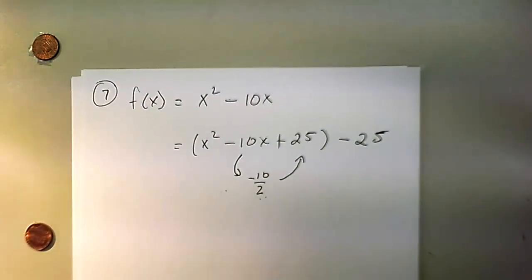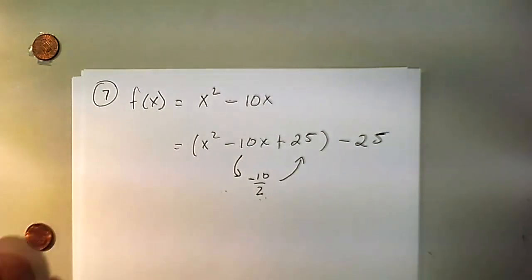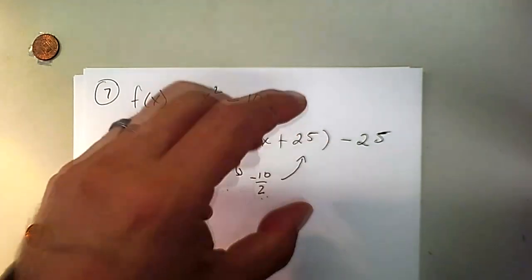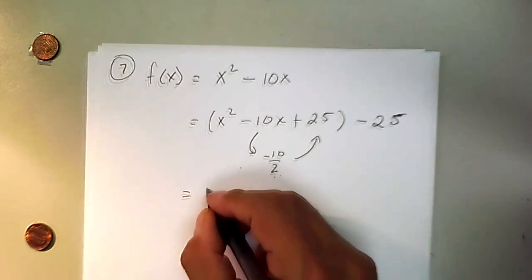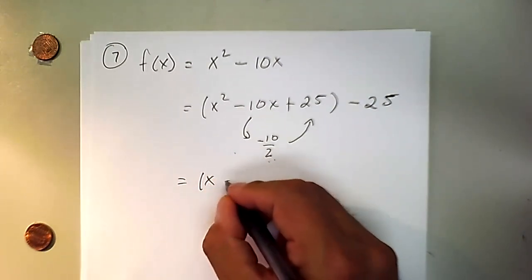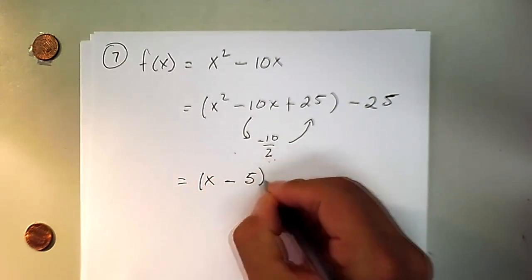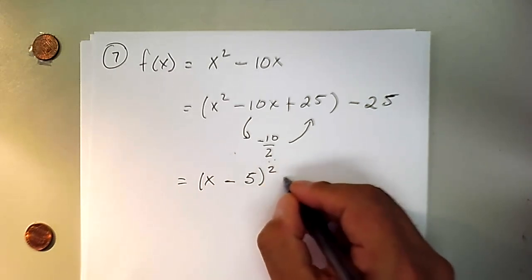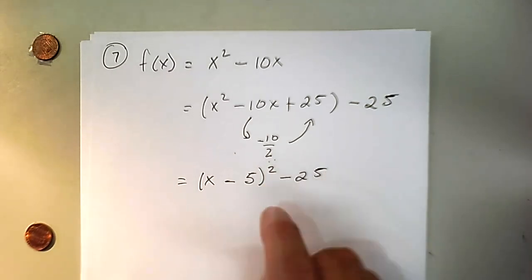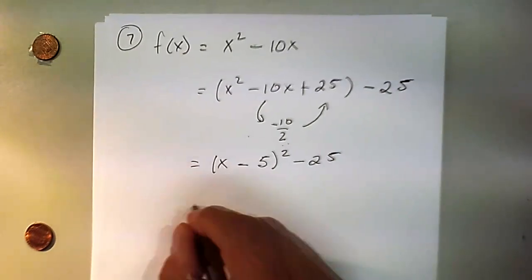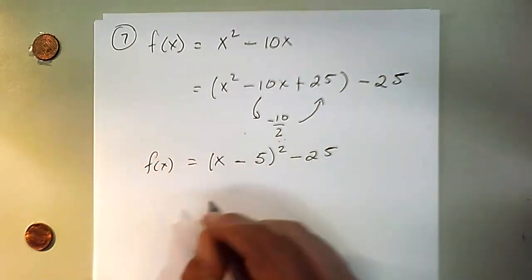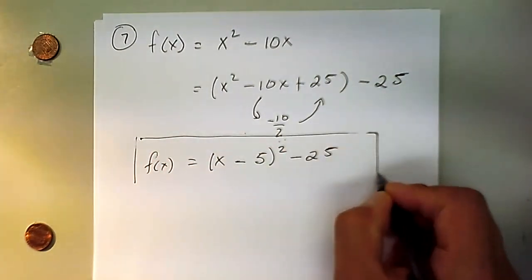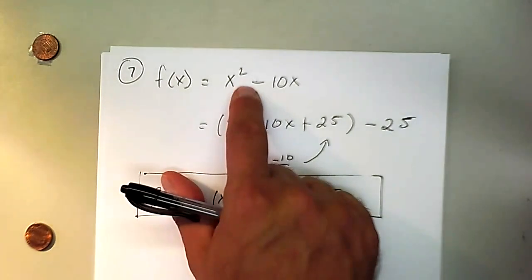So we're really not changing the output of the function, the output is still going to be the same because we're adding and subtracting on the same side of the function. Okay, so this factors as x minus 5, remember, squared, and then we subtract 25. So that means that the graph is the vertex. So we're finished. If we put down f of x, that is the standard form of this.